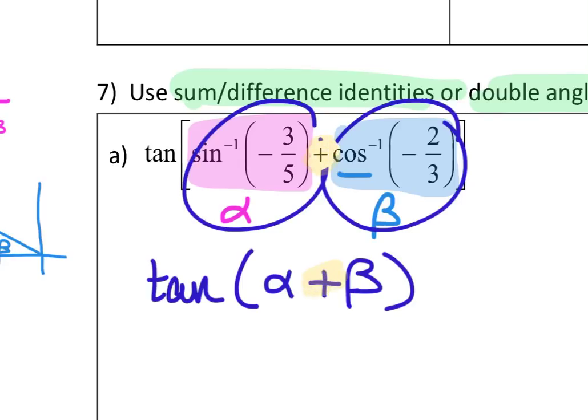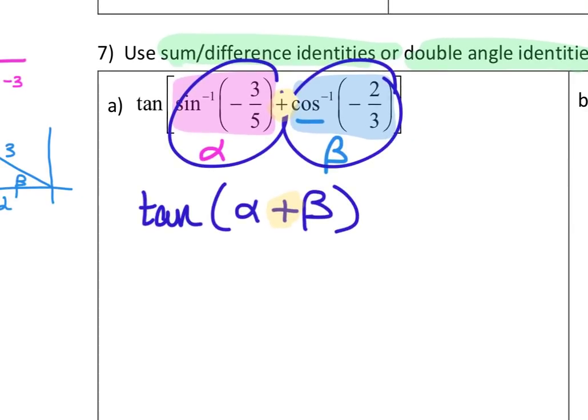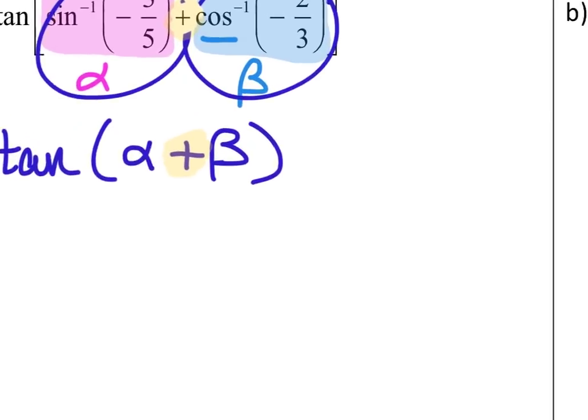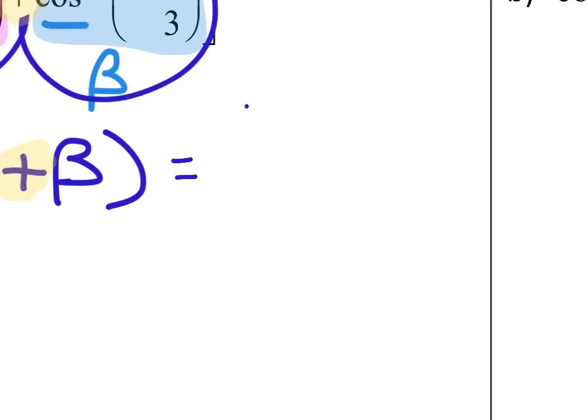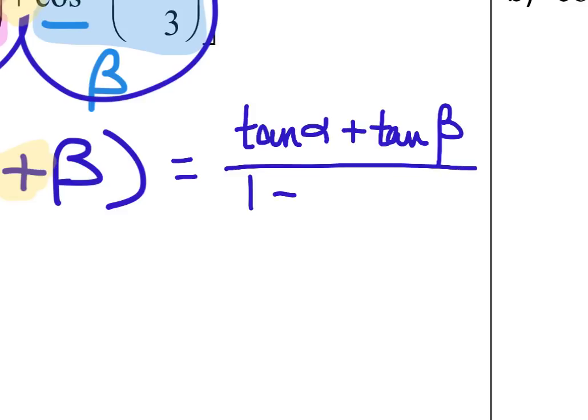So grab your formula sheet, find the tangent of A plus B. The formula for tangent of A plus B is tangent of A, we're going to use alpha, plus tangent of B, we're going to use beta, over 1 minus tangent alpha times tangent beta.